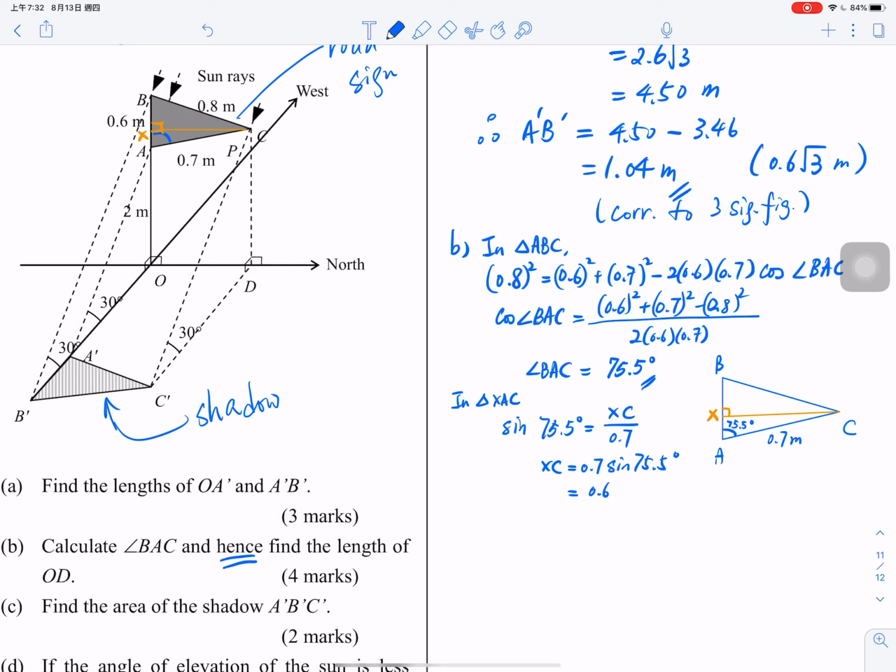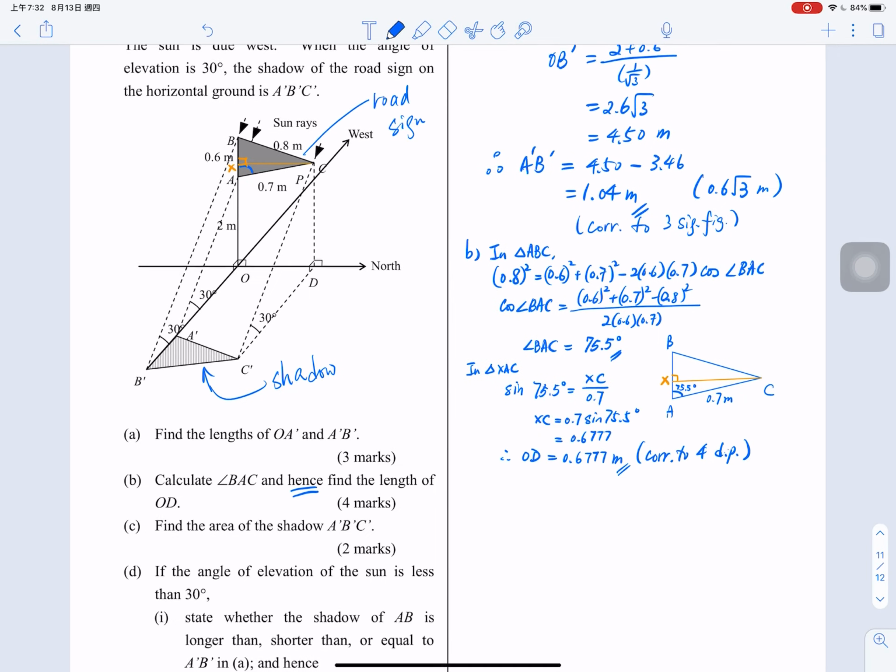So 0.6777. That means OD also equals 0.6777 meters. Okay. This time I corrected to 4 decimal places. Okay.